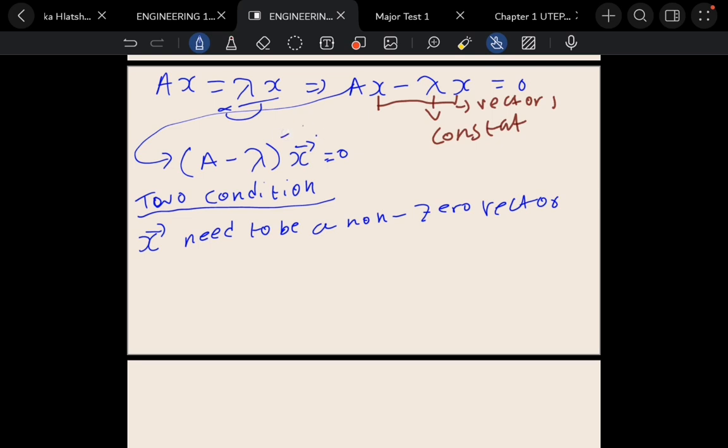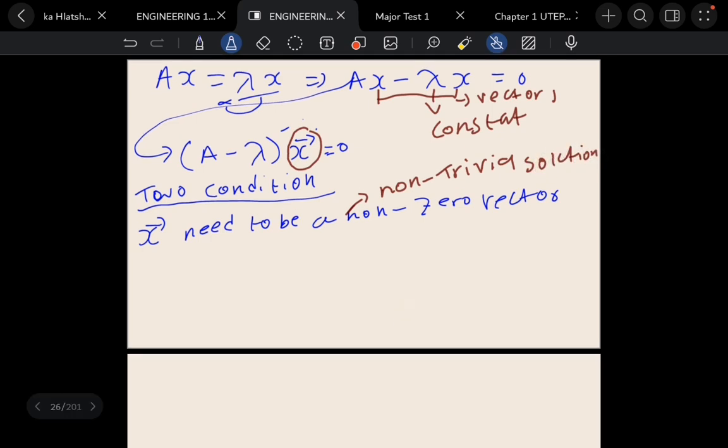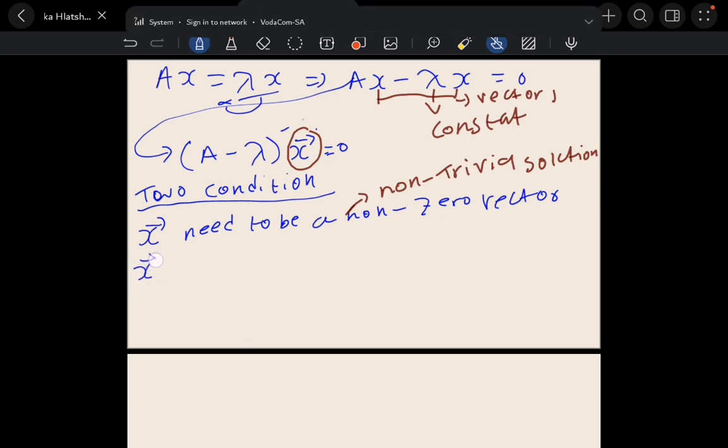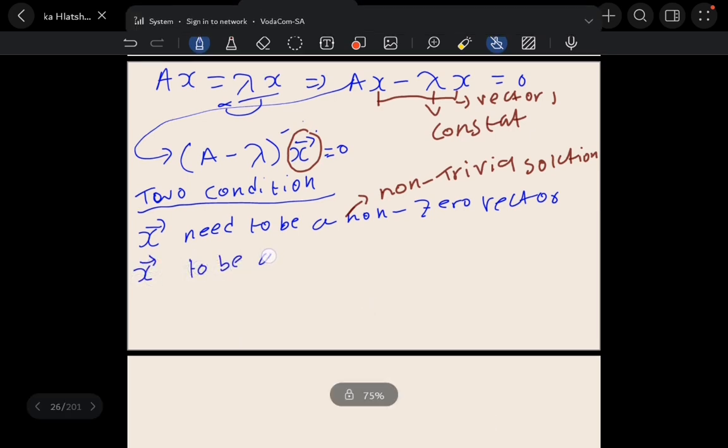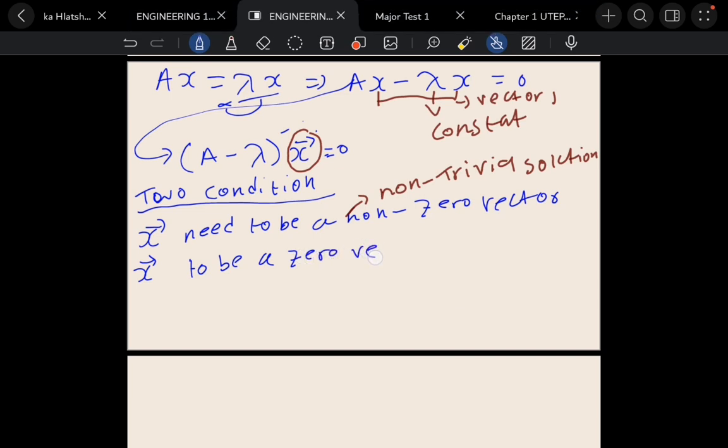For this thing to work, we need this thing here to be a non-zero vector. So we have something which is called a non-trivial solution. And for x bar to be a zero vector, then we have a trivial solution, right? We have a trivial solution, but we are going to focus on a non-trivial solution.